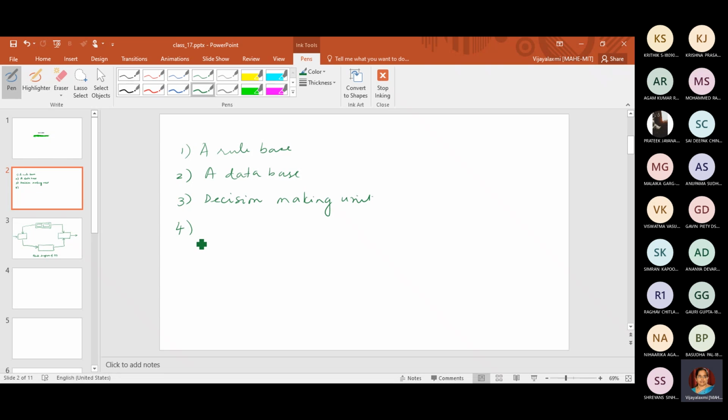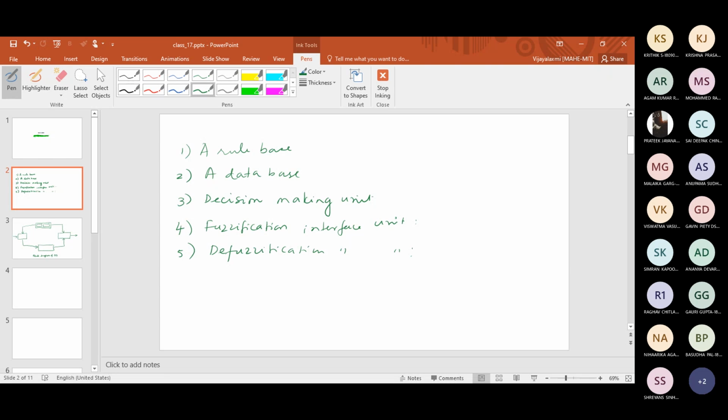The fourth unit is the fuzzification interface unit. This converts the crisp quantities into fuzzy quantities. The last block is the defuzzification interface unit, which converts the fuzzy quantities into crisp quantities.